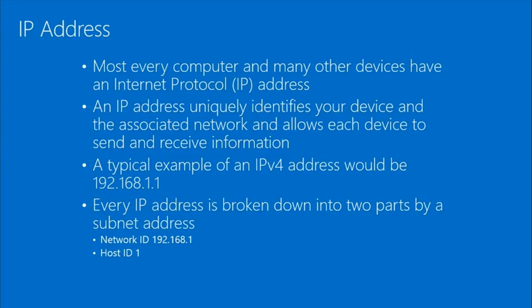They give an example here, 192.168.1.1. Every IP address is broken down into two components, a network component and a host component. The network ID shows what network the system is on, and the host ID identifies the specific device. By what network the device is on, what do you mean?